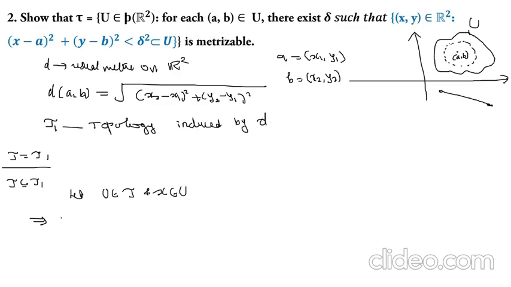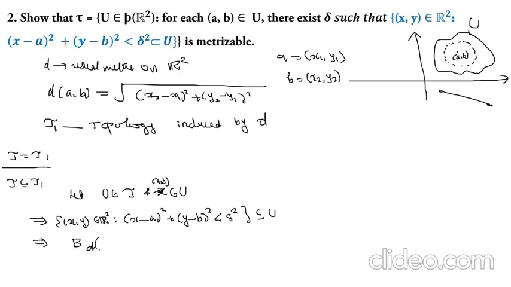That implies the set of all (x, y) belongs to R2 such that (x minus a) whole square plus (y minus b) whole square less than delta square is a subset of U. This is the condition for tau, and we can rewrite this as B_D, the open ball with the center (a, b) and radius delta, subset of U.